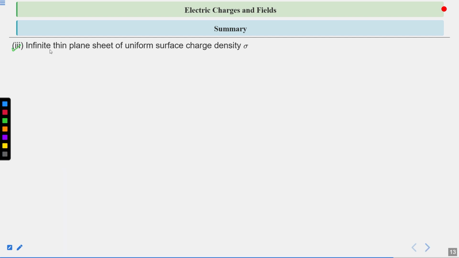Third is an infinitely thin plane sheet of uniform surface charge density sigma. So it will be E is equal to sigma divided by 2 epsilon naught n cap, where n cap is a unit vector normal to the plane and outward on either side.